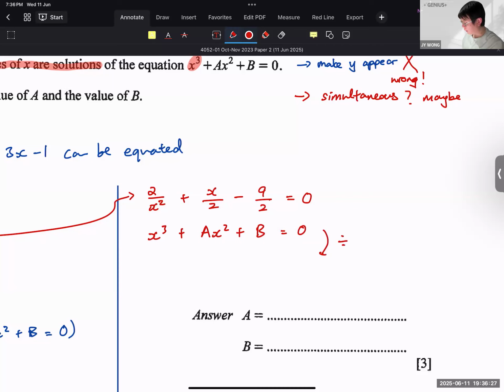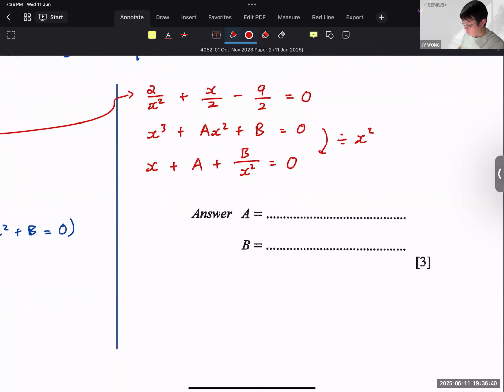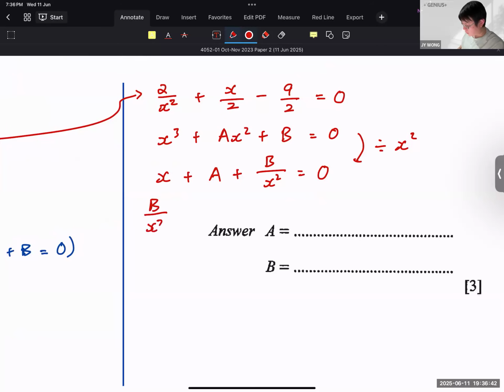I divide this by x squared so that I get x plus a plus b over x squared equals 0. So b over x squared plus x plus a equals 0.